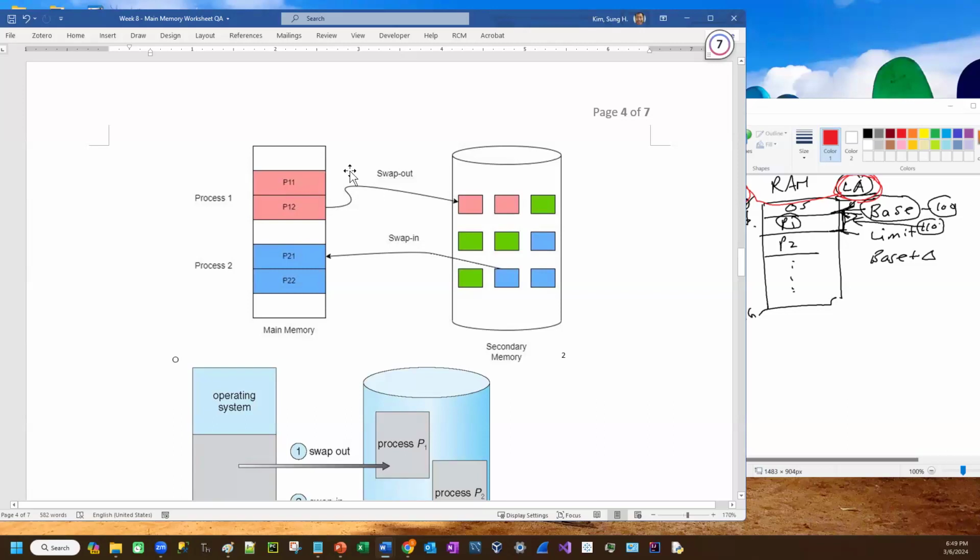Another instance is, like I was saying, if you have more applications than your RAM has space for, the user is clicking too many things, too many tabs, too many applications, then you may not be able to do it, but you're going to try to accommodate all of that by swapping between the RAM and the hard drive. But this is a problem.